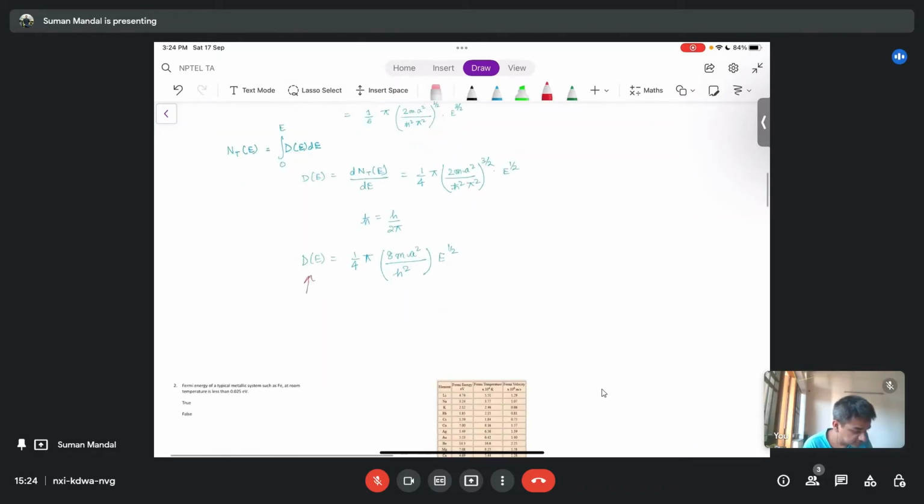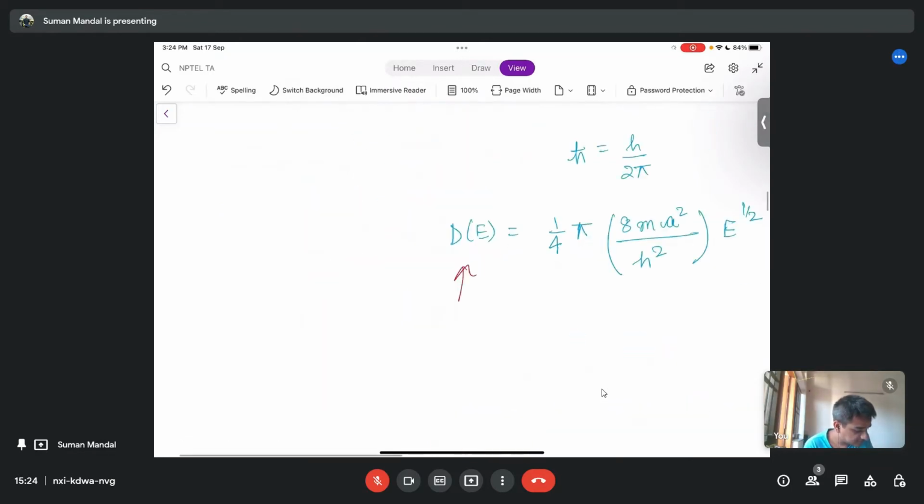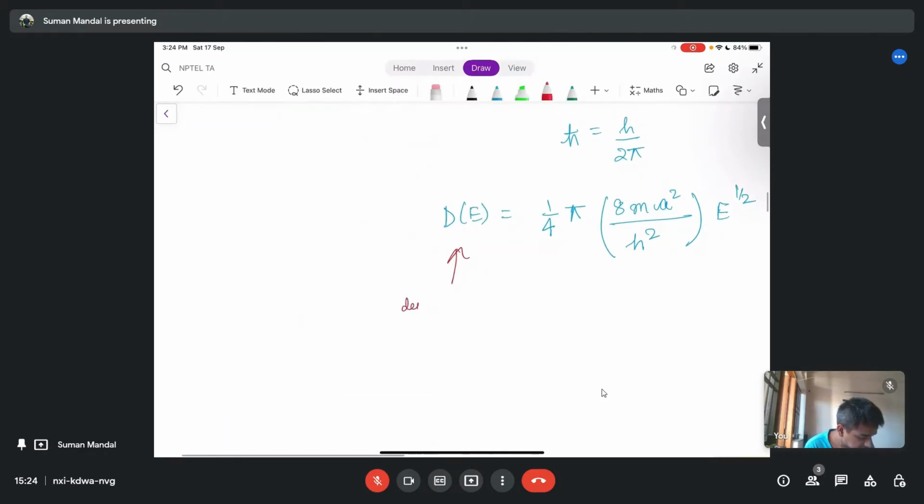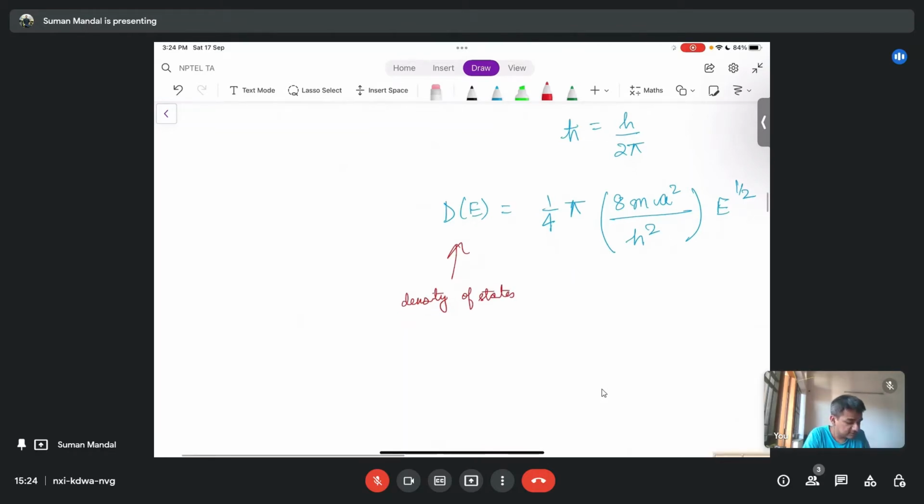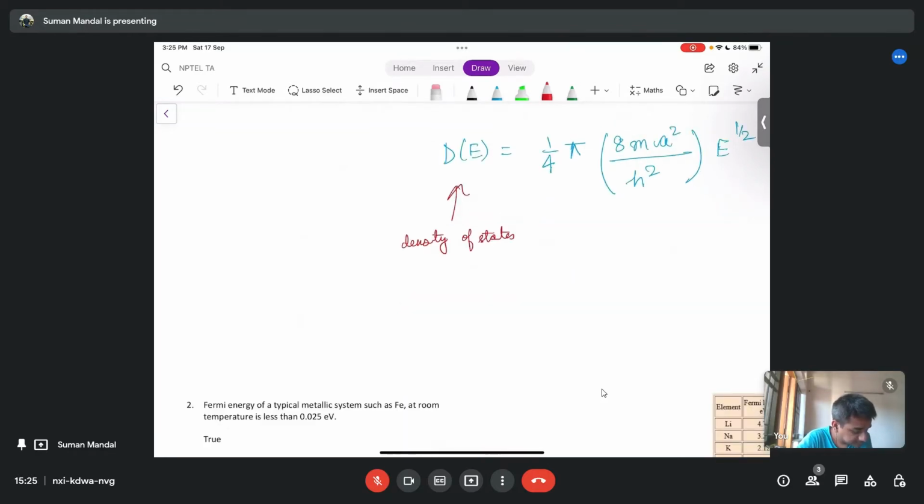So this is the density of states. What it means is that if we draw, this is the number of states, this is the energy.